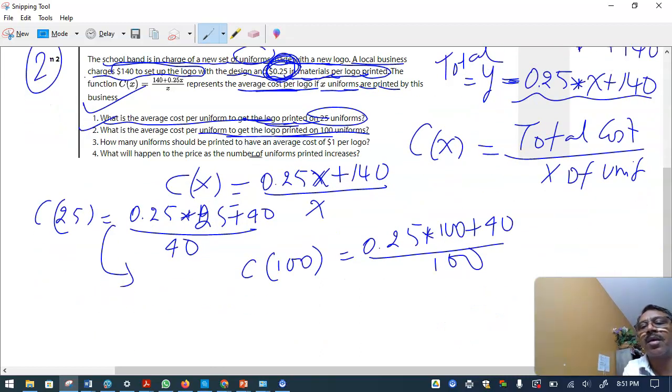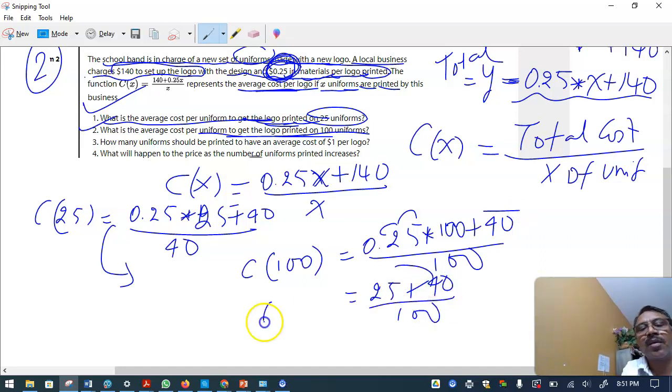Because there is a 100, you can move the decimal two places. So it becomes 25 plus 140 over 100. Oh, that's 140, sorry. So this becomes 165 over 100, and you get 1.65.